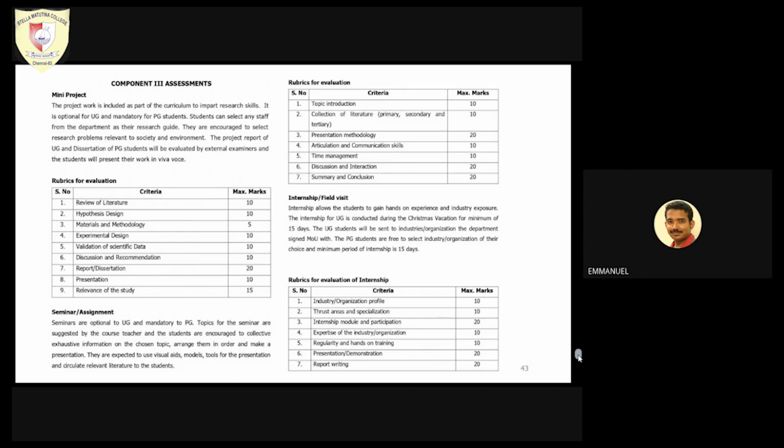But component 3 is up to the course faculty to decide and make a format, either from the first week or second week or third week till the last week of the semester. Some of the suggestions which the course LOCF members gave was a mini project. It may differ from course to course. A course like operations research may have scope to do a mini project.